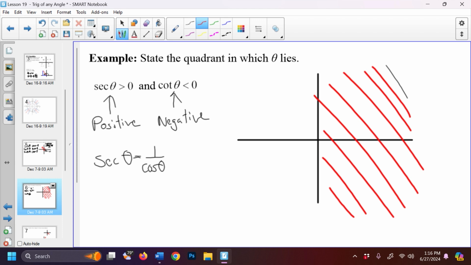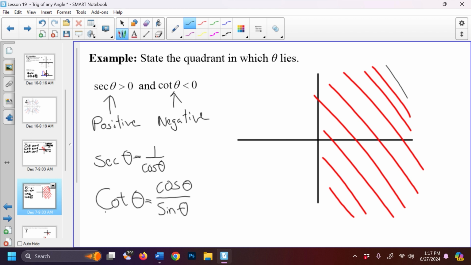All right. Now, when cotangent is negative, remember that the cotangent of theta is equal to the cosine of theta over the sine of theta, and we need that to be negative. Now, the only time that cotangent of theta can be negative is if either the sine or the cosine is positive, and the other value is negative. So for cotangent to be negative, if cosine is positive, sine has to be negative.